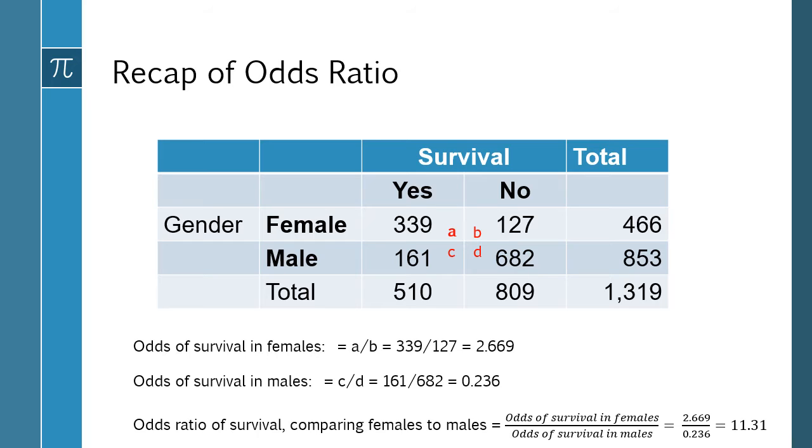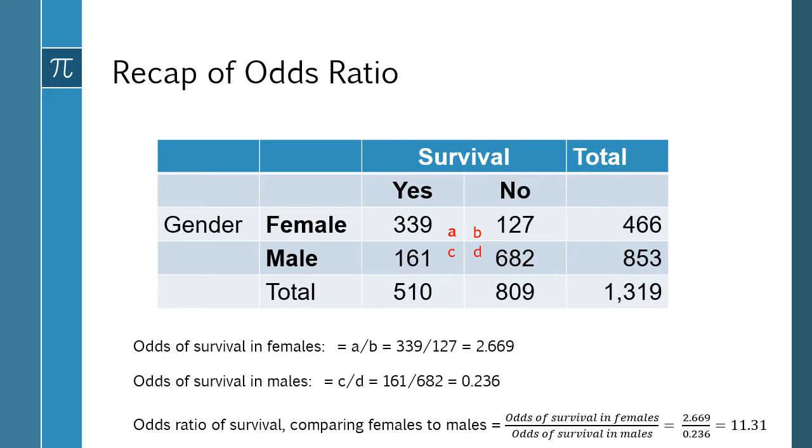So again, the odds ratio of survival comparing females to males is the odds of survival in females divided by the odds of survival in males, which is 2.669 divided by 0.236, and that gives you 11.31.